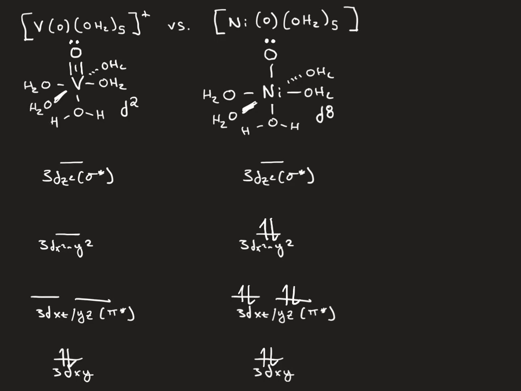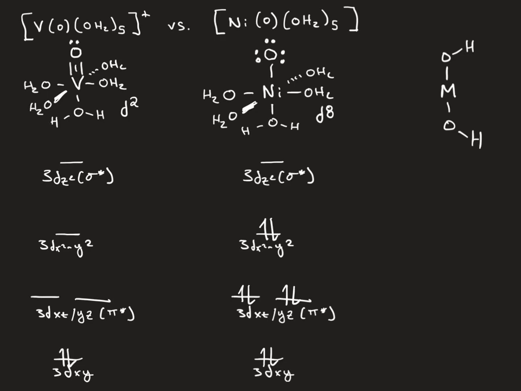We can fill out lone pairs about that oxygen in a Lewis structure type sense, putting 2 electrons there and 2 electrons there. It's now relatively easy to rationalize why we have the equilibrium lying towards this dihydroxo species for the nickel compound, yet it lies towards the oxo for the vanadium compound.